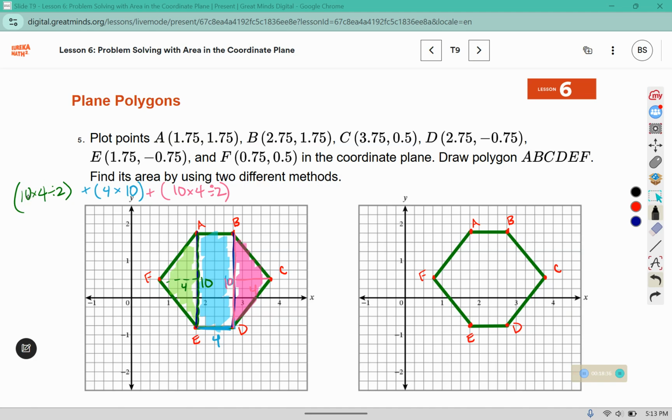Four times 10 is 40. 40 divided by 2 is 20. So the total area, 20 plus 40 plus 20, makes 80.